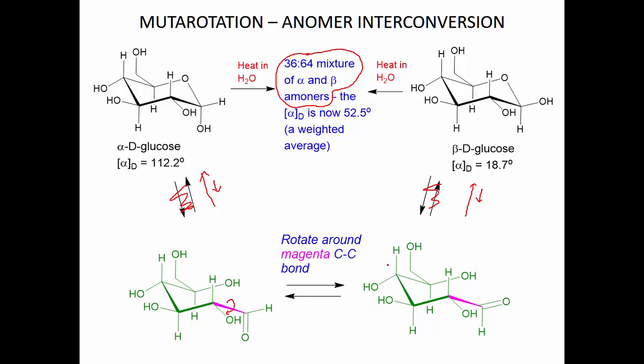Okay? All right. So the mutarotation happens because we go back to the open chain form, and the open chain form, remember, has the possibility to close in two different ways.